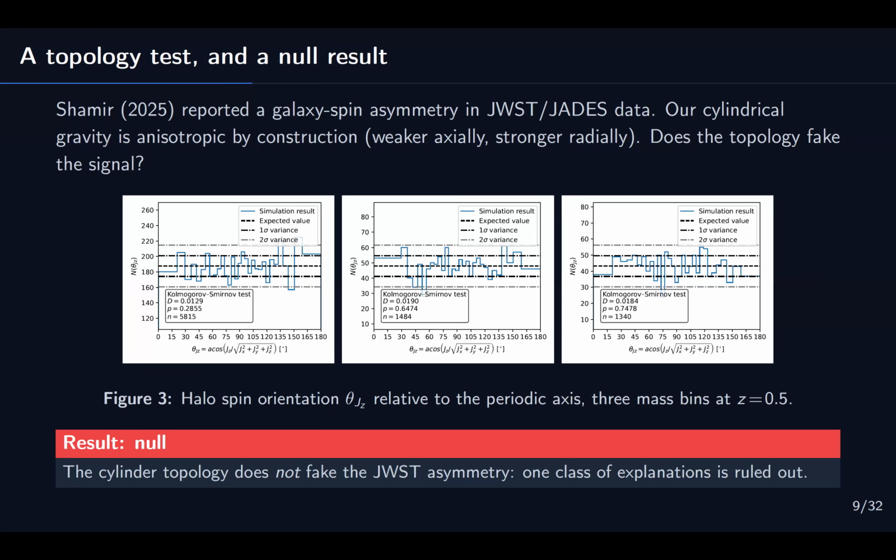One thing you can do: there is a computer scientist named Shamir who publishes the same result almost every other year, and he gets a lot of citations for this. He thinks there is a strong anisotropy in the distribution of the spin of galaxies.